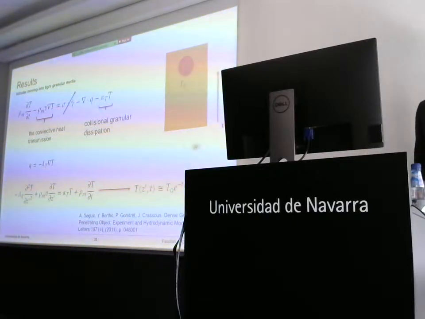The most simple solution to this equation can be written this way: a multiplication of two exponential factors, where tau is the temporal characteristic time, and this here is the characteristic length of the process.